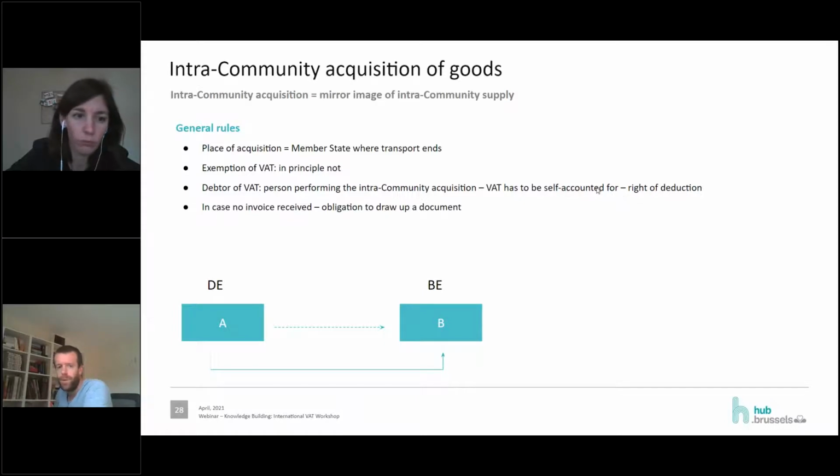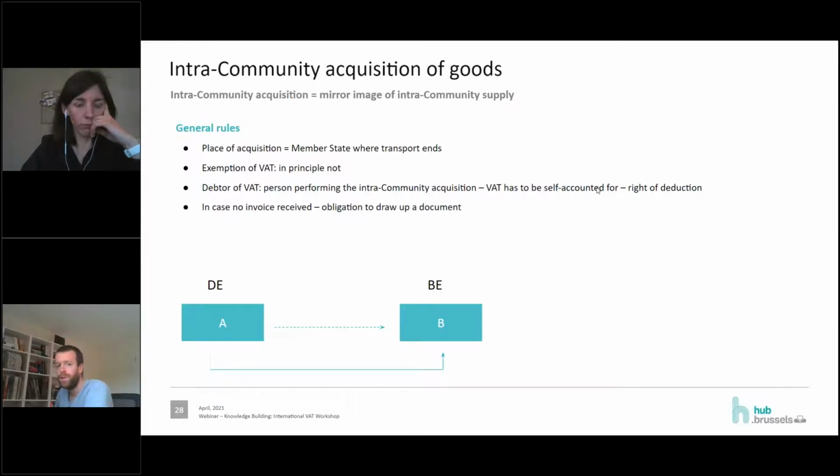What is important as a general rule here is that the place of acquisition of the goods, and where the VAT will be applicable, is the place where the transport ends. In the example that we made, it's a supply from Germany to Belgium. The VAT rules that will apply, and where the VAT would have to be paid, is in the country of the customer B, where the transport ends. And that's why Belgian VAT will be due on this transaction.